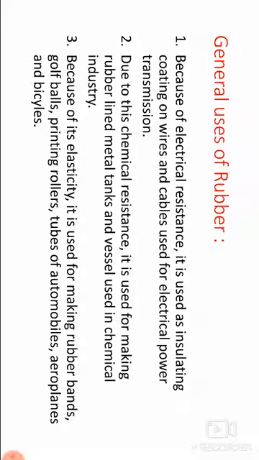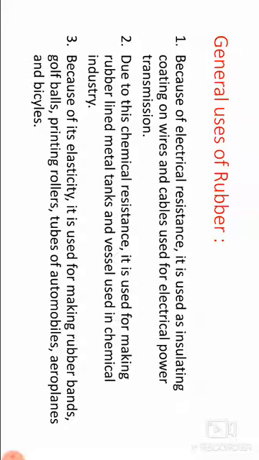Second one, due to its chemical resistance, it is used for making rubber lined metal tanks, the rubber lined metal tanks used in chemical industries and vessels used in chemical industry. Because of its elasticity, it is used for making rubber bands. Rubber bands are used in real life, golf balls, printing rollers in paper mills.